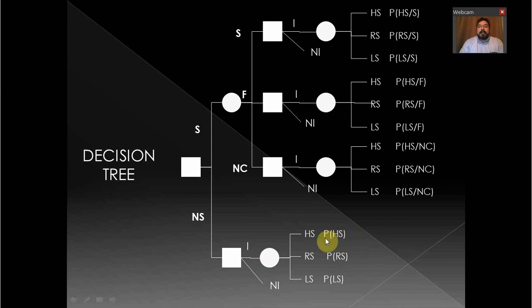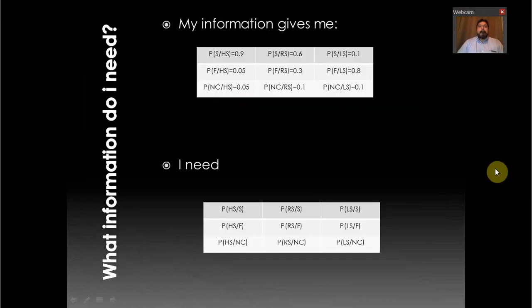So they are just the probabilities of high sales, regular sales, and low sales. In difference with the probabilities in this part of the tree, where they depend on the results of the survey, success, failure, and non-conclusive results, and that's why we applied Bayes' theorem. Now, what information do I need?